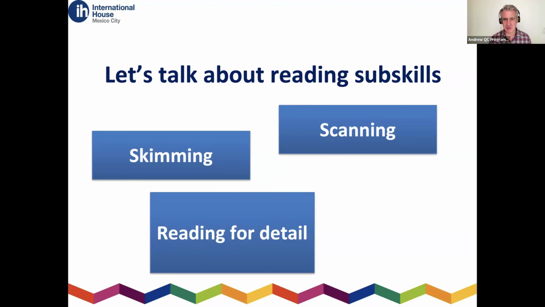Scanning is when you're actually scanning for a particular piece of information. And reading for detail is when you're actually trying to get details out of a specific topic, depending on a documentary or whatever, you're trying to find specific information about a person, a thing, an item, an invention, or whatever. Right. Those are pretty good definitions, Jose.